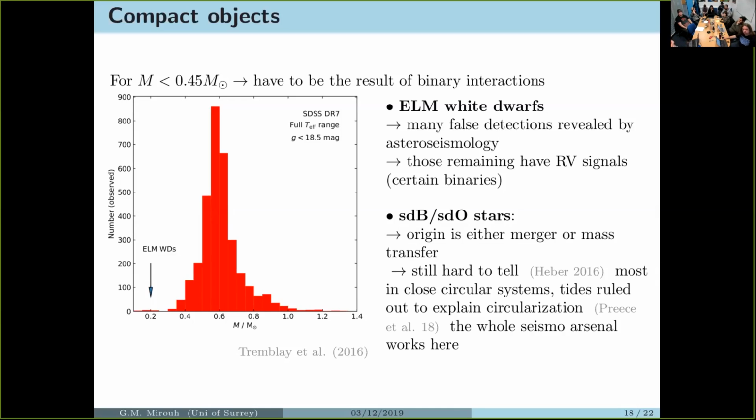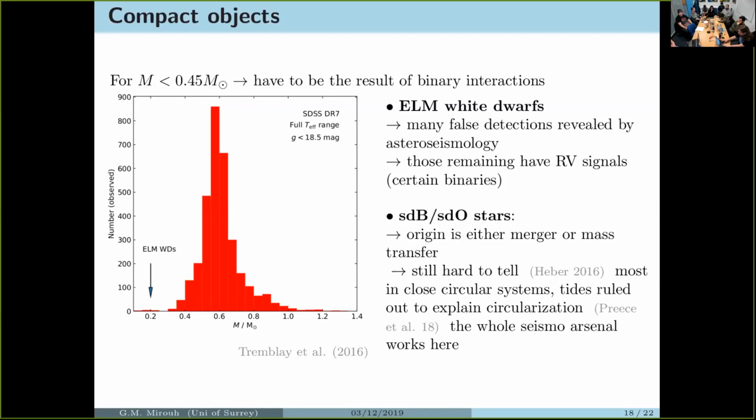That is, you measure a very big log g, so you think it's a compact object, you derive a mass that is around 0.2, and when you do the seismology of those stars, you find out the mass is actually higher than that, and you have some inclination effect or something that screwed you up before. So in the end, you're left with, I think, 5 of them that are safe detections that are confirmed by asteroseismology. And these 5 stars have some RV signals, so they're necessarily at least binaries.